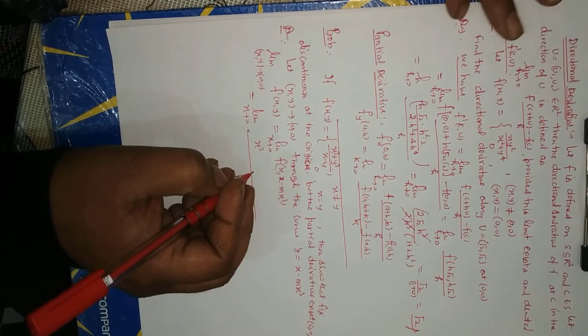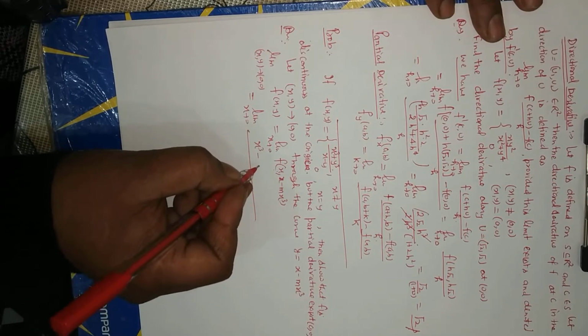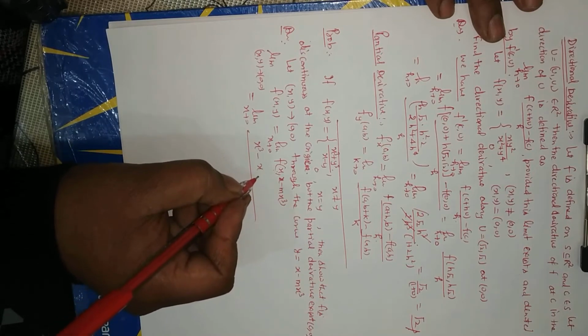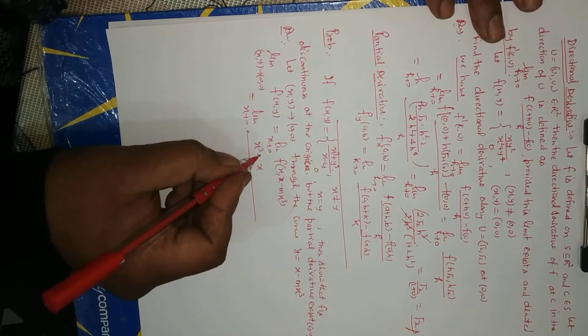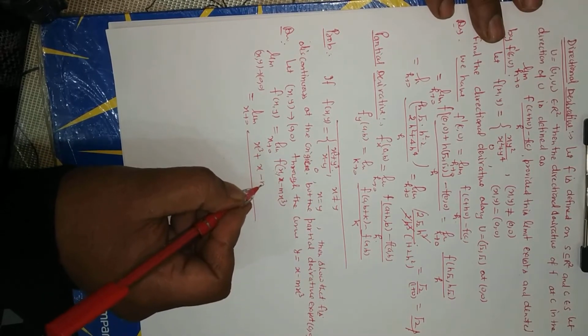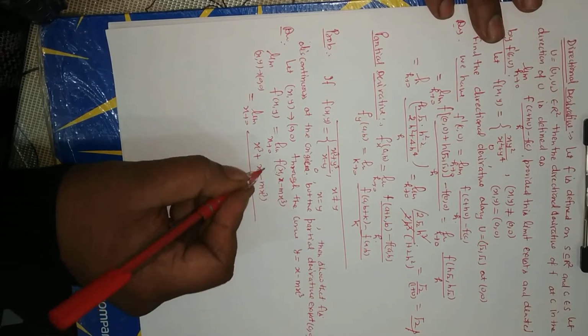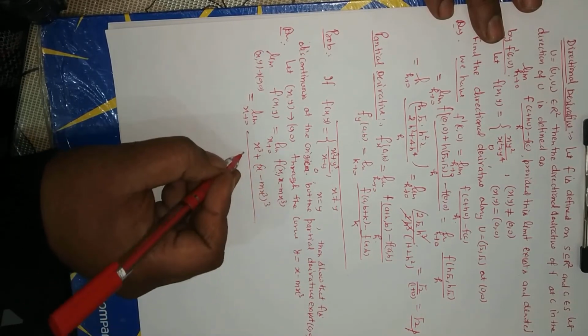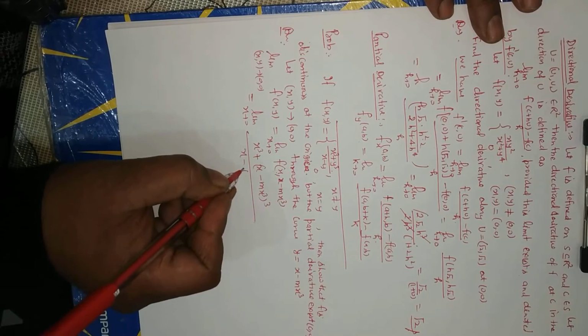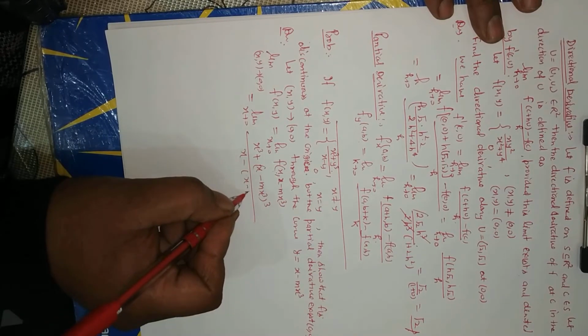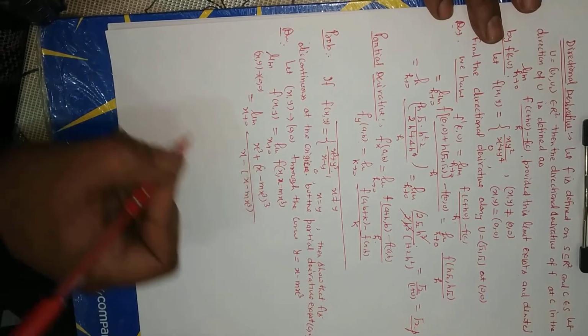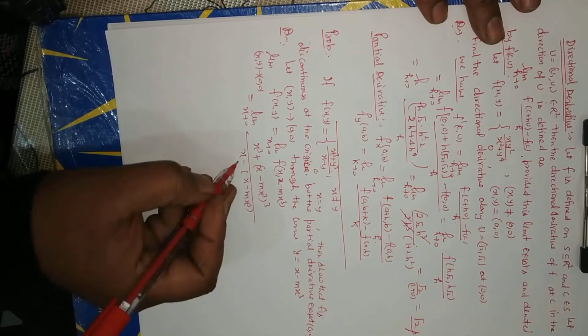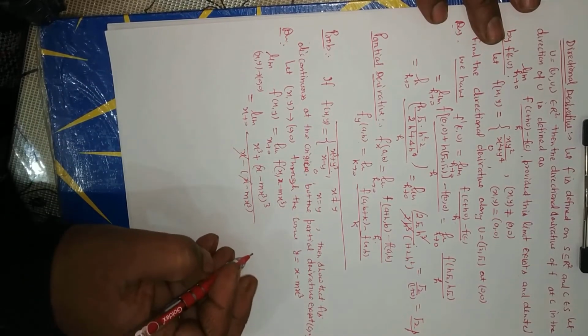Okay, plus (x minus m x cube) whole cube upon x minus (x minus m x cube). Okay, now x cancel by this.